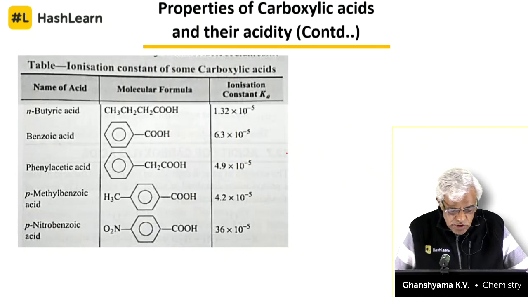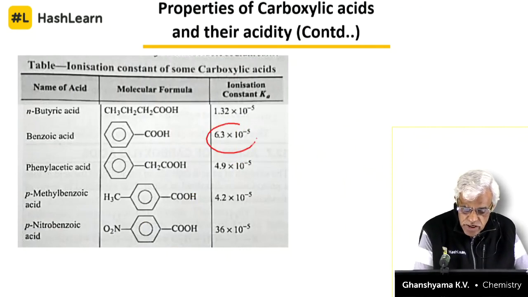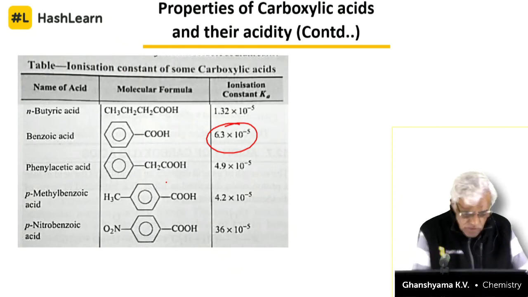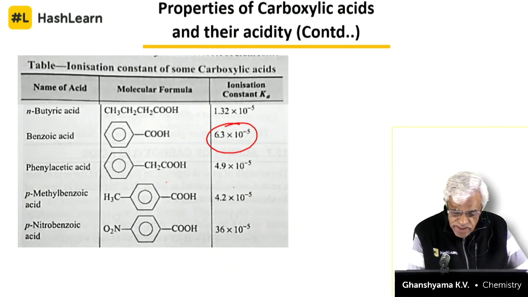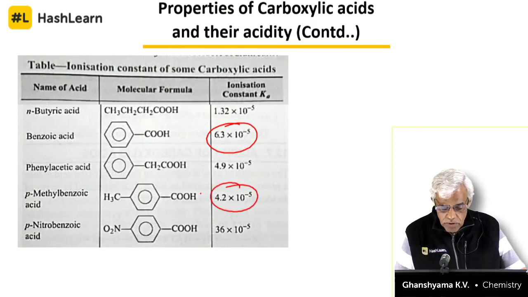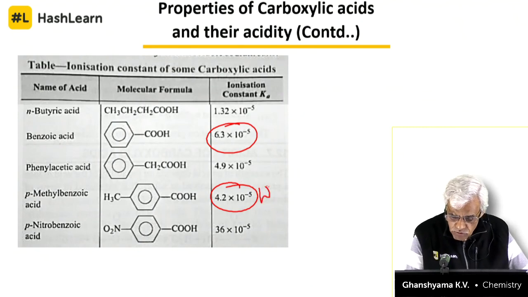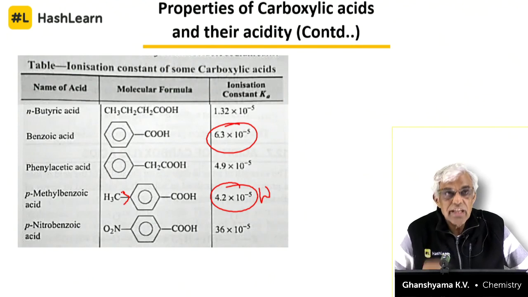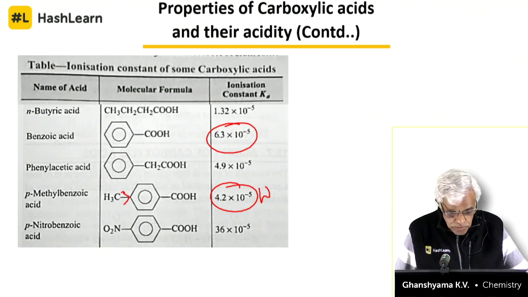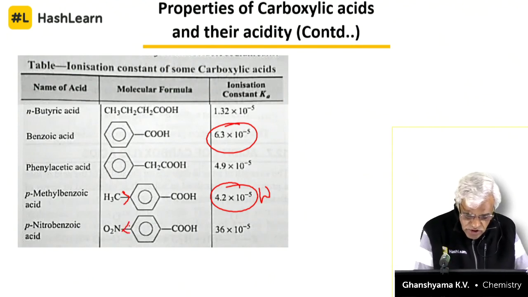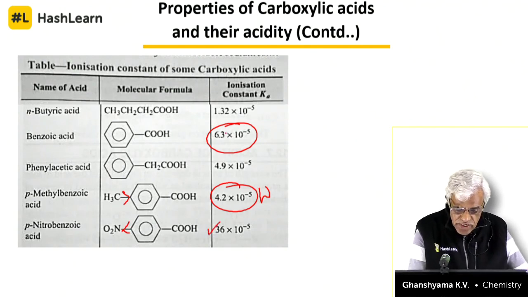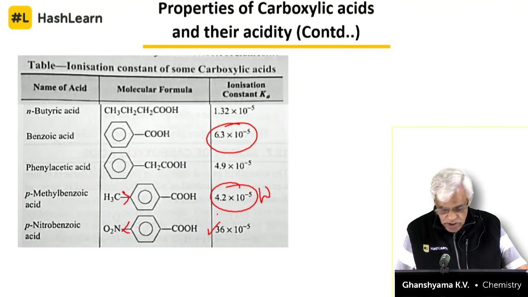Now, benzoic acid has 6.3 into 10 to the power of minus 5. Para-methyl benzoic acid is 4.2 into 10 to the power of minus 5, which means it is weaker because the CH3 group is an electron pushing group. NO2 is an electron pulling group, therefore it is 36, almost 6 times that of benzoic acid.